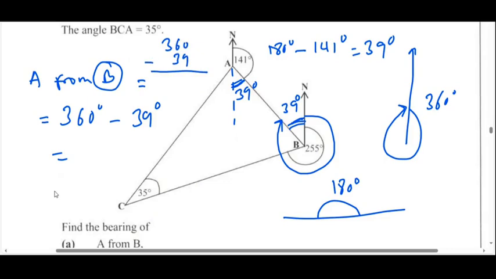So 0 minus 9, it can't, we borrow a 1, you remain with a 5. 10 minus 9, it's a 1. 5 minus 3, it's a 2. 3 minus 0, it's a 3. So this will give us 321 degrees. So this will be the bearing of A from B.